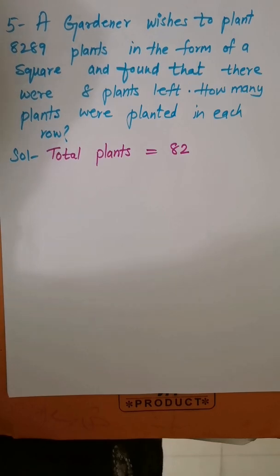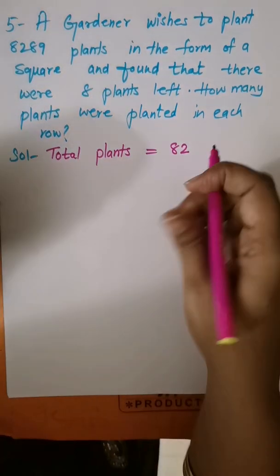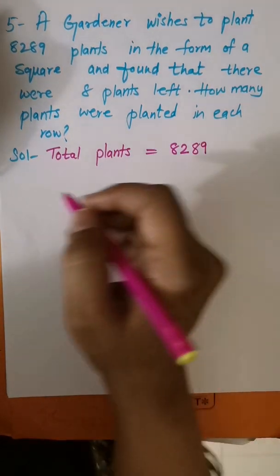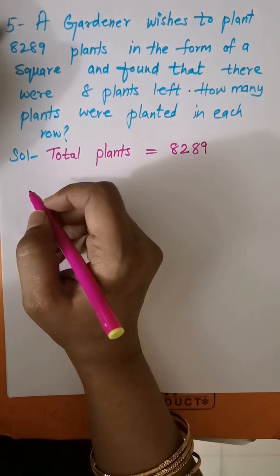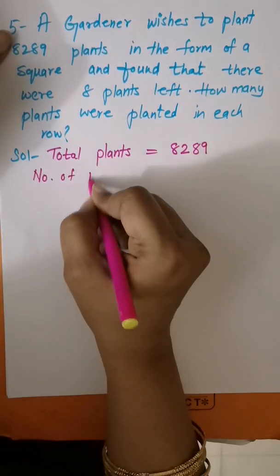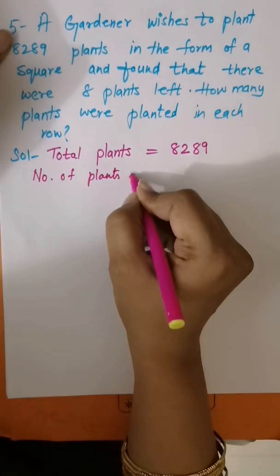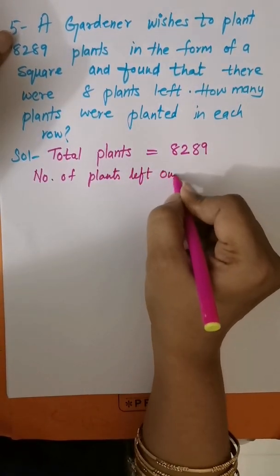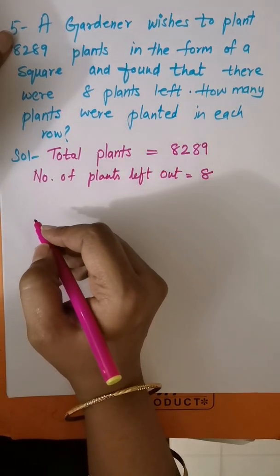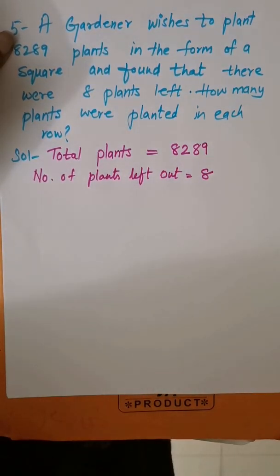Total plants, how many were there with the gardener, children? 8,289 plants were there with the gardener, but some plants were left. So the number of plants left out is equal to 8. So with how many plants did the gardener make the square?